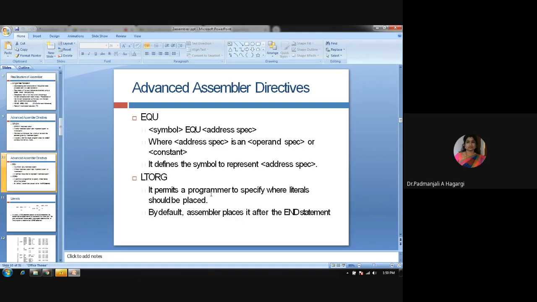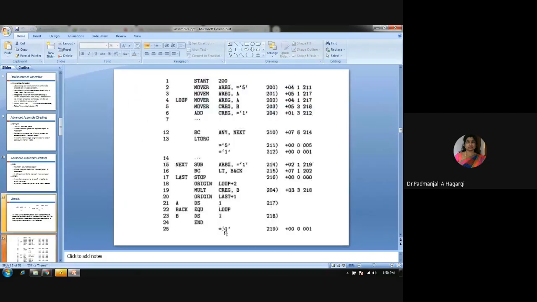Now if the programmer is not allocating where the literals should be placed, the assembler will by default place them after the end of the statement. You can see that in this example, where this literal is used here.